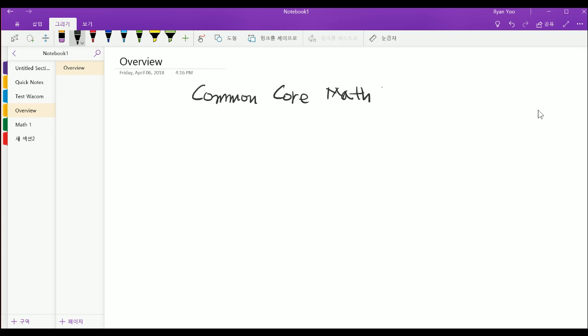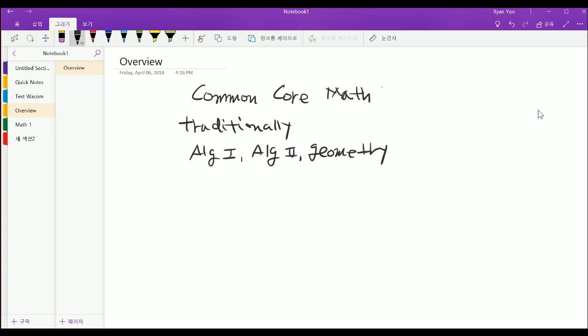So they changed it. Traditionally in the USA, the math classes are Algebra 1, Algebra 2, and somewhere in between there's Geometry.